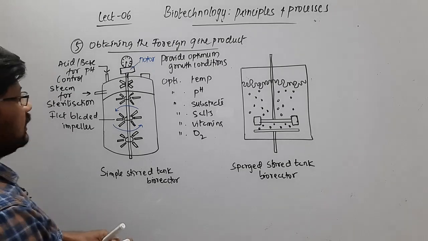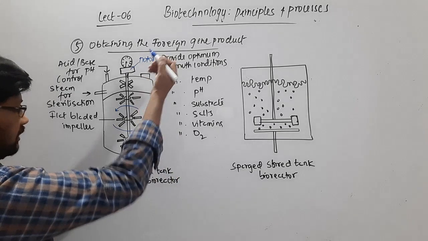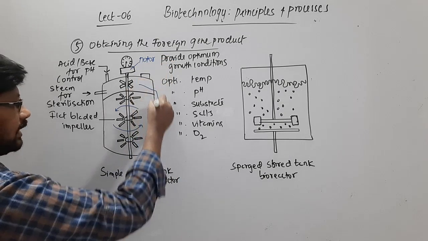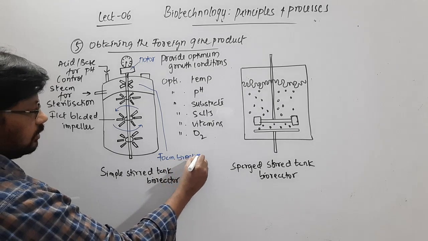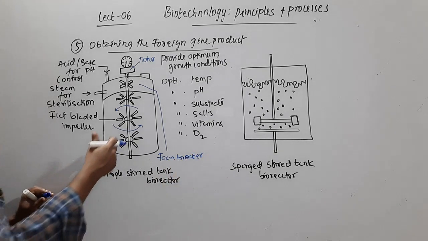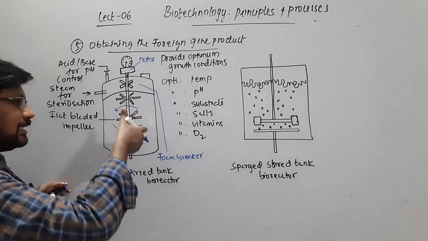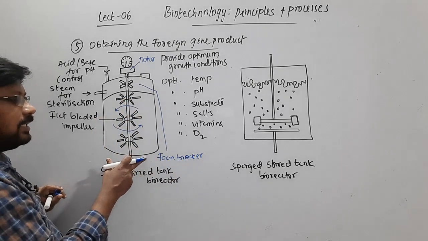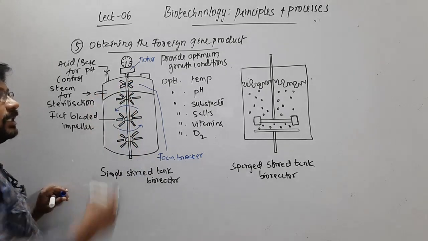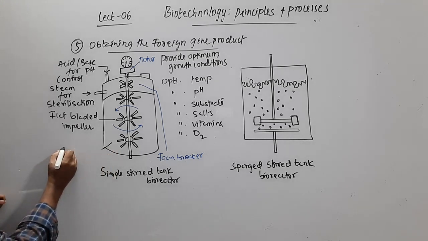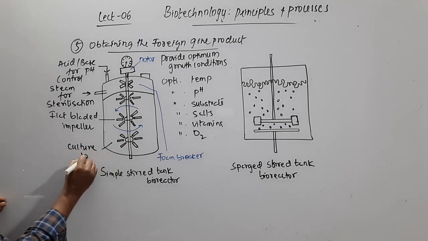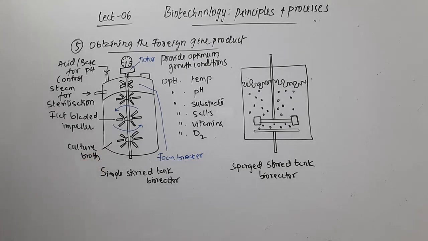This simple stirred tank bioreactor also has a foam breaker. While mixing the contents inside, foam is formed, and that foam is removed by this foam breaker. Of course, it is all filled with the culture broth.